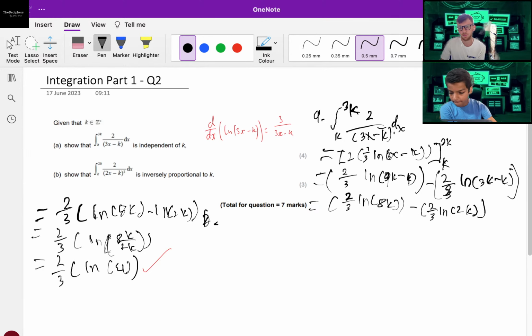Then in this case, I think we can do that's 2 over (2x minus k) squared, and then I think we can... So what are your thoughts for this one?